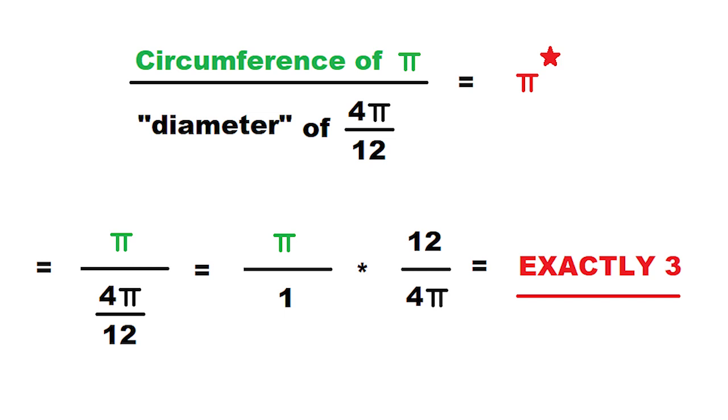We can call this particular circumference over diameter relationship pi star, and we can reduce it using the old flip over and multiply algorithm of dividing fractions to get pi over 1 times 12 over 4 pi. The 12 over 4 cancels to 3 over 1, and more importantly, the original pi's cancel out, which beautifully simplifies to the simple number we're looking for, 3.